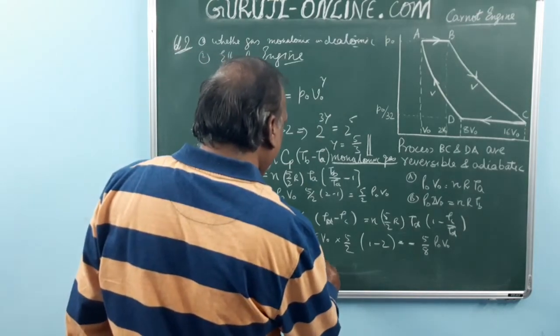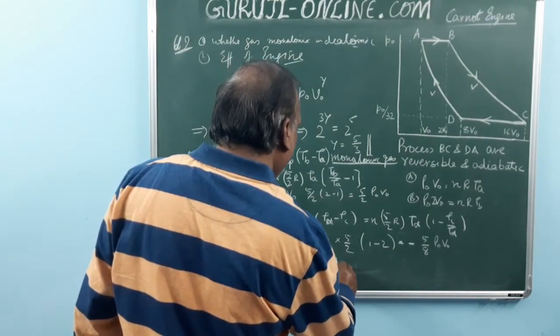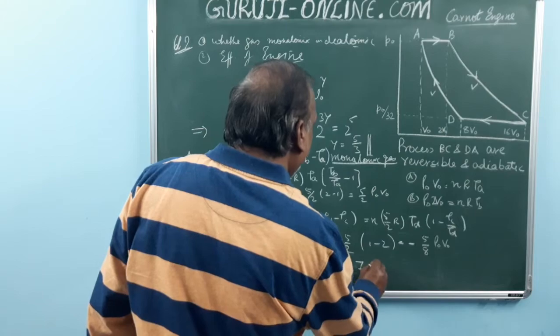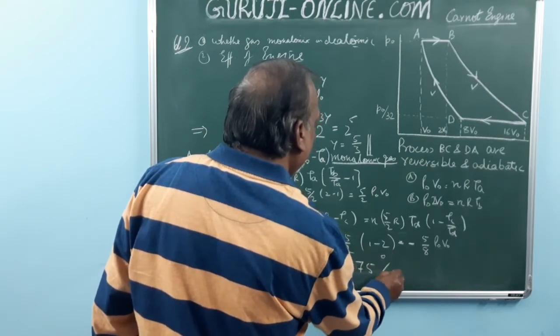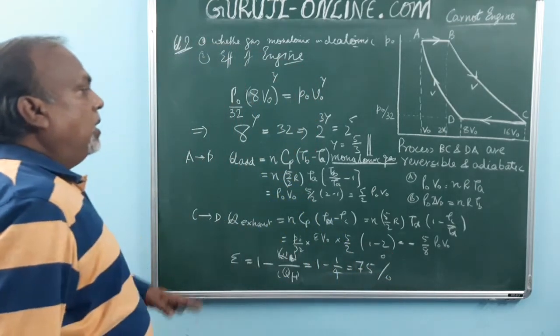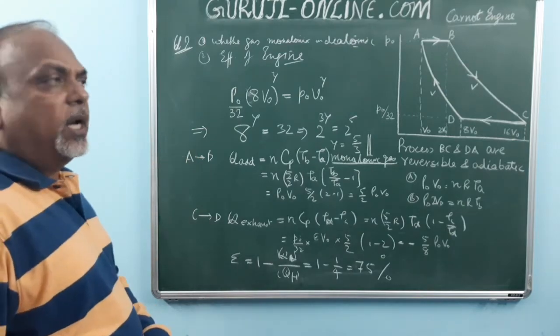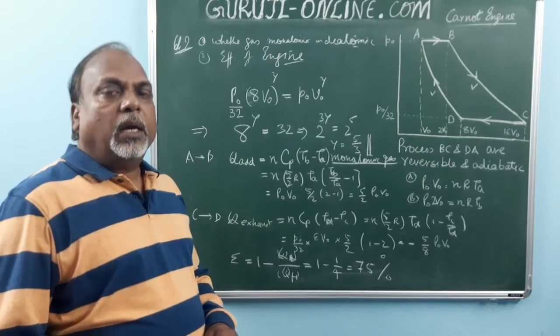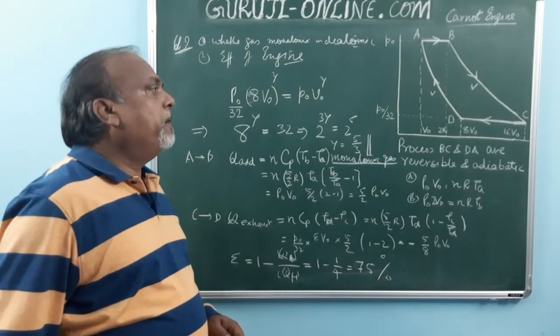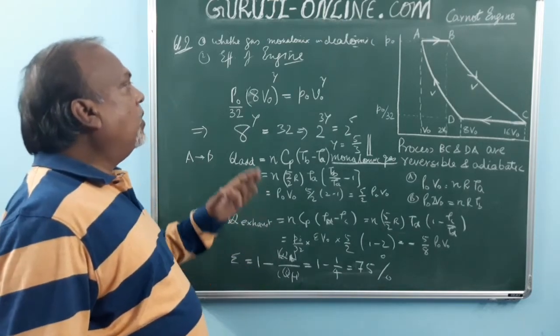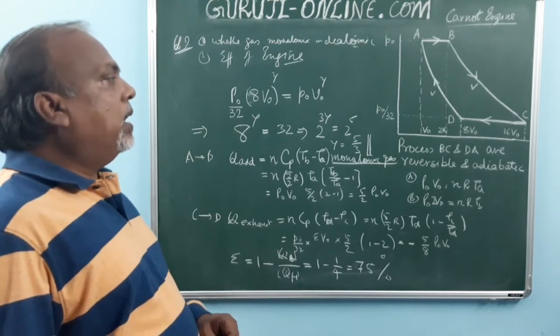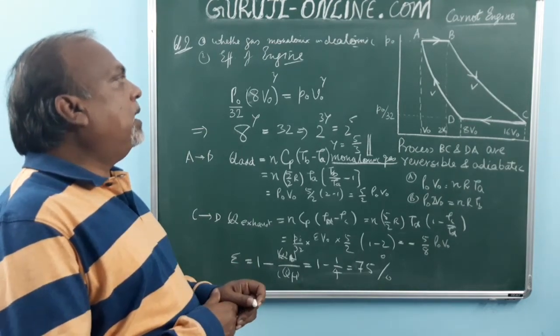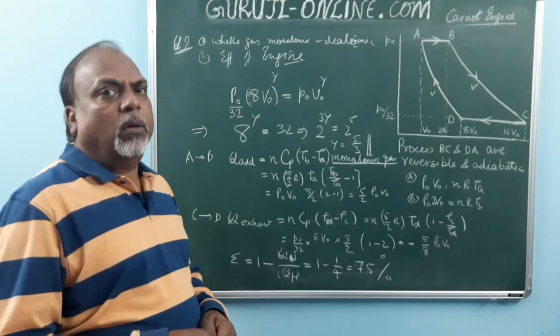And this will give you 1 minus 1 by 4, which is nothing but 75%. So this is how you can solve from this graph and find out the efficiency of a Carnot engine, and you can find out the gas also, whether it is monatomic or diatomic.